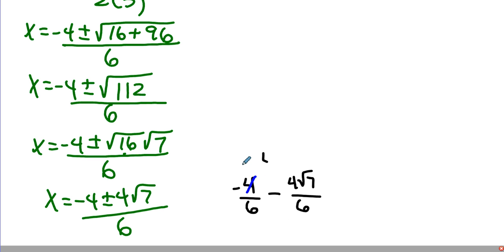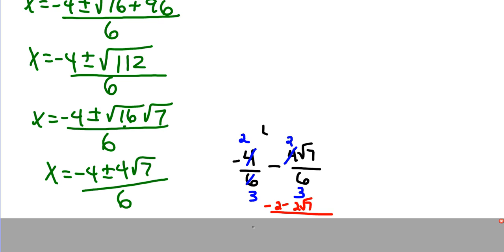So what would we be left with? We would have 2 over 3. Now the second piece, a negative divided by a positive, that's going to be a negative. And again, 4 and 6 have a common factor of 2, so we'd have a 2 and a 3. Notice how the denominators are the same. So we could say by going to the left, we would have a result of negative 2 minus 2 square root of 7 over 3.